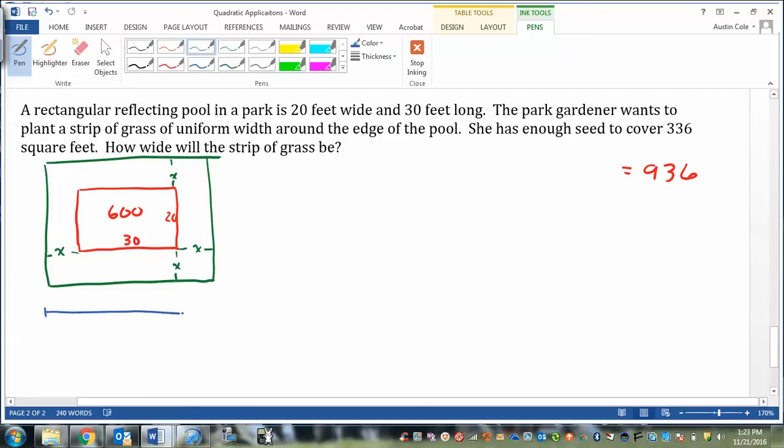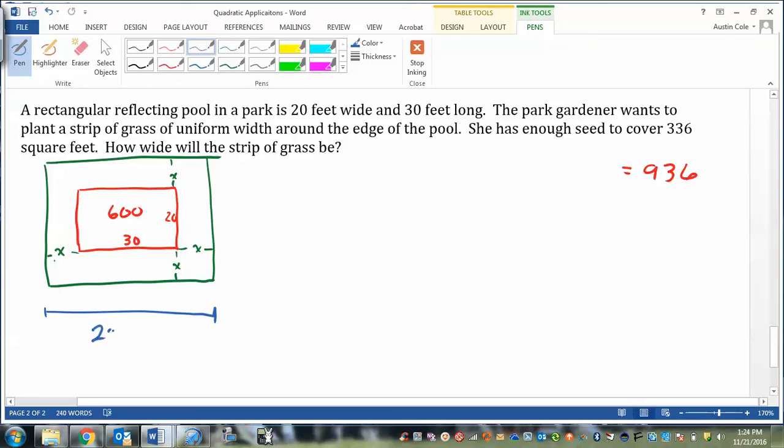Now, I know the area of the whole thing. What is our horizontal dimension? Well, I've got an x here, right? And I have an x there, right? And I have 30. So it's like x plus 30 plus x. What's x plus x? Careful. It's 2x.